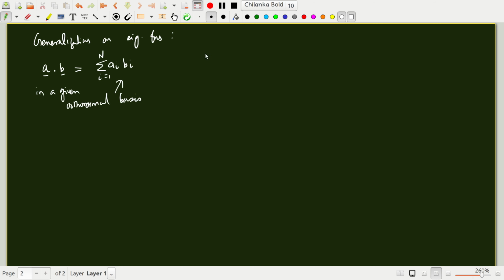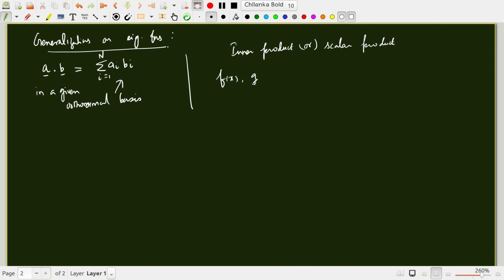Now the generalization of dot product for eigenfunctions is called the inner product or scalar product. Okay, so if you have two functions f of x, g of x, the inner product is defined as, or the notation is given by, angle bracket f, g.